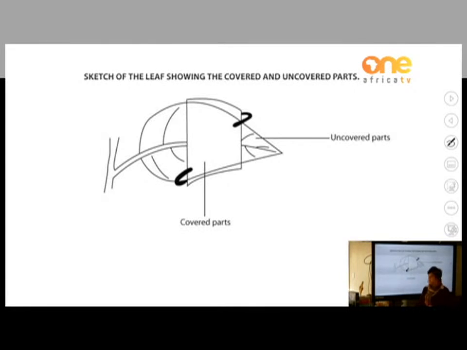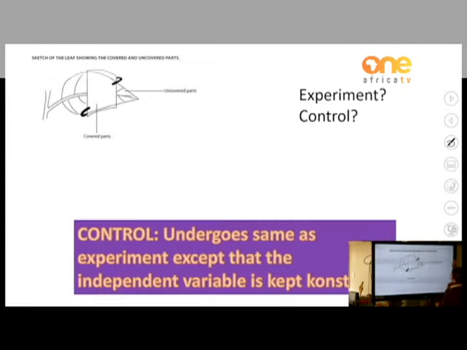So, grade 10, we have a covered part and we have an uncovered part. And you have to now make a labeled diagram to show the results.